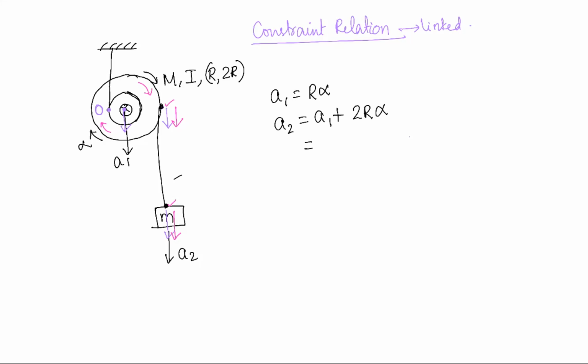So what is the value of A2? R alpha plus 2R into alpha, so that is basically 3R into alpha. तो अपने पास यहाँ पे दो equations हैं. A1 is equal to R alpha and A2 is equal to 3R into alpha.